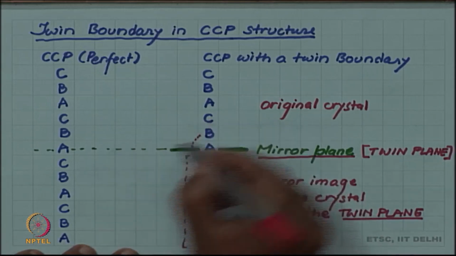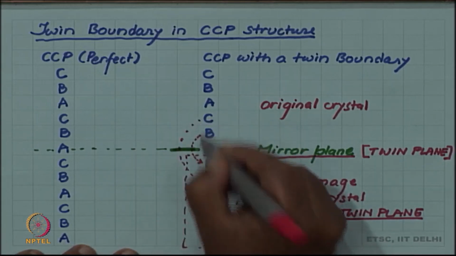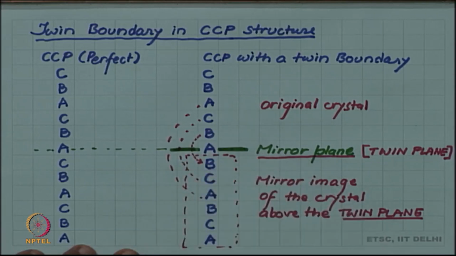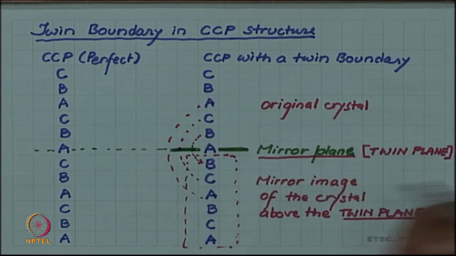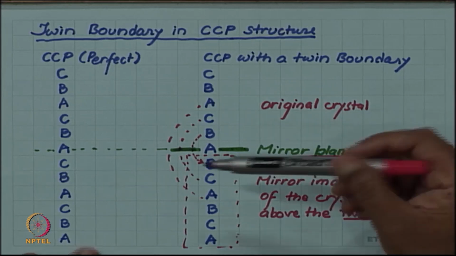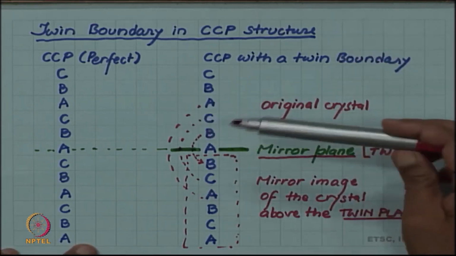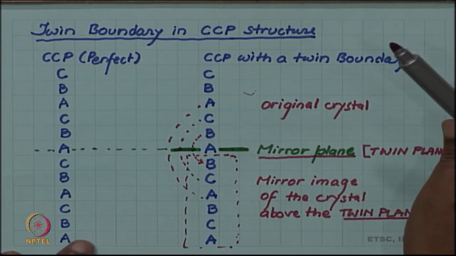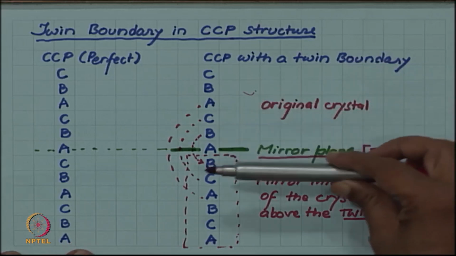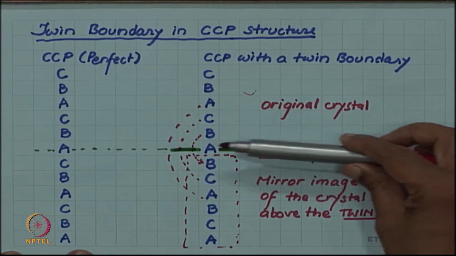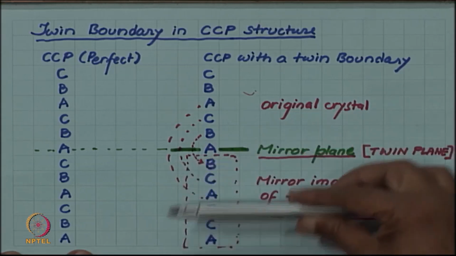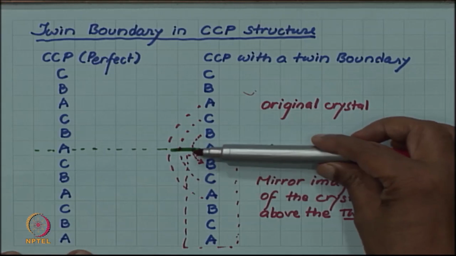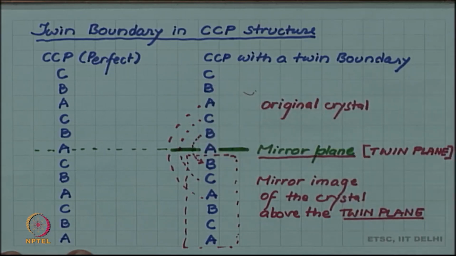And you can see that C is being reflected to C, A is being reflected to A. So, the entire block below has been reflected in this A plane to give you this new sequence. Unlike the stacking fault, where we had just inserted one plane, or we could have removed one plane to create the stacking fault, here we are actually creating a new sequence which is a mirror-like sequence of the crystal on the other side of the mirror plane.